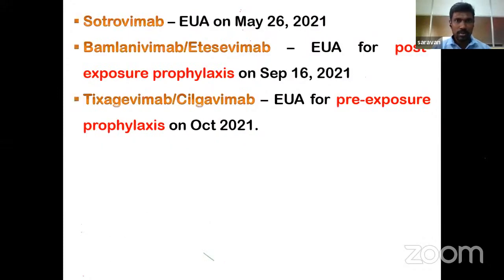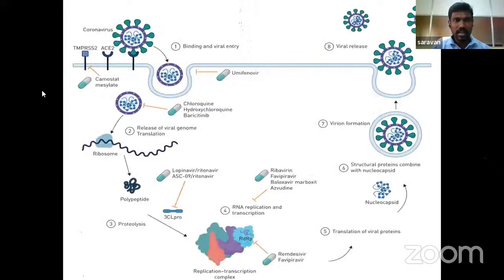Sotrovimab is another substance of the same category. Bamlanivimab and etesevimab are used for post-exposure prophylaxis, and tixagevimab and cilgavimab are used for pre-exposure prophylaxis of COVID-19 infections. To summarize, we have a number of targets where the drugs can bind and inhibit the viral entry or the further processes that occur after viral entry.